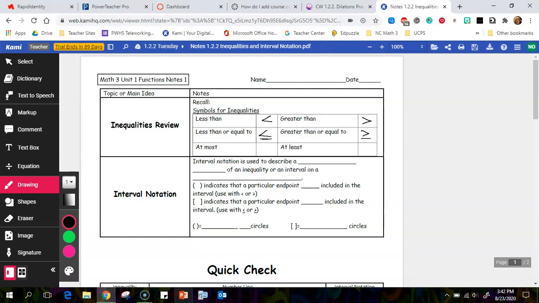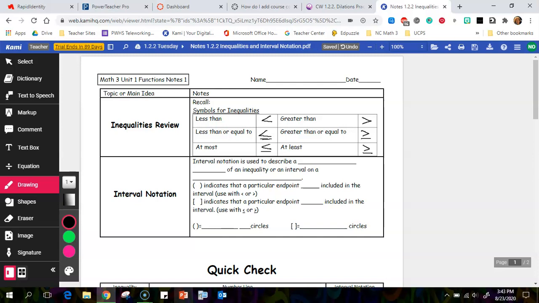If you are reading a word problem and you see the term at most, then that means you are going to be using a less than or equal symbol. Conversely, if you see the words at least, you will be using a greater than or equal to symbol. I'll give you an example.